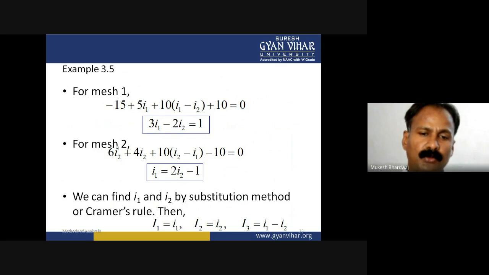So I1 comes out to be 2I2 minus 1. We can find I1 and I2 by the substitution method or Cramer's rule. Then capital I1 equals small I1, capital I2 equals small I2, and capital I3 is equal to I1 minus I2.